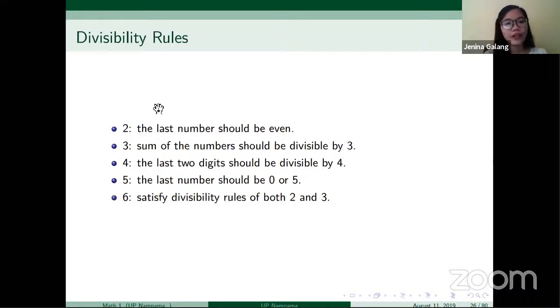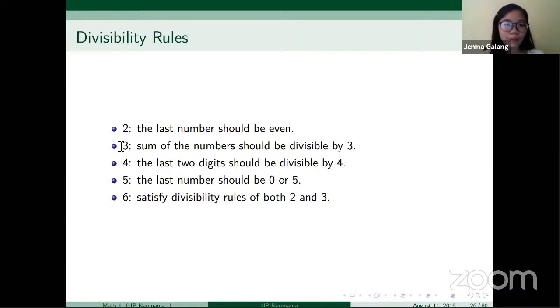So for number 2, para malaman natin if the number is divisible by 2, then the last number should be even. So yung last digit ng number natin should be even.